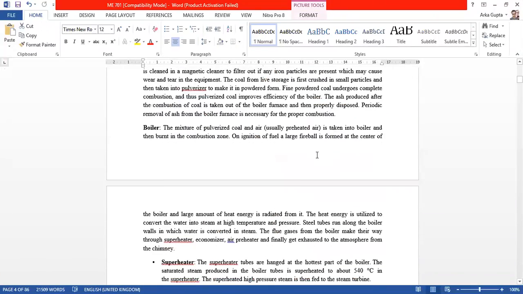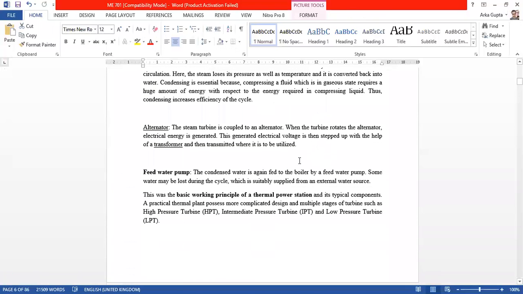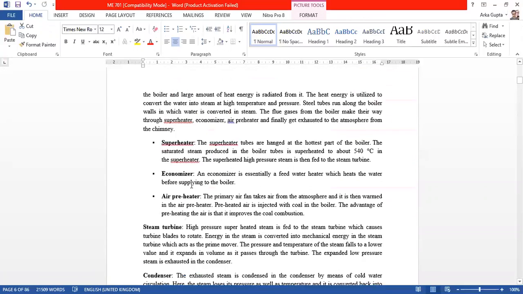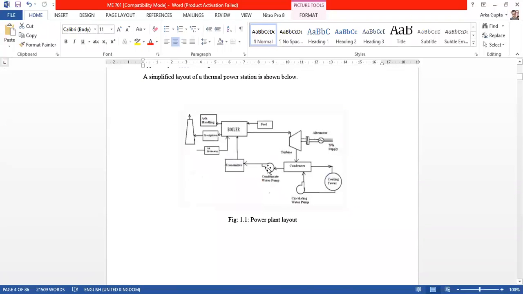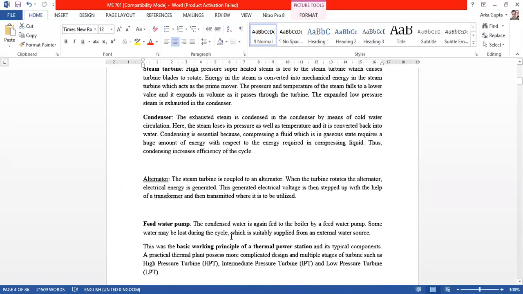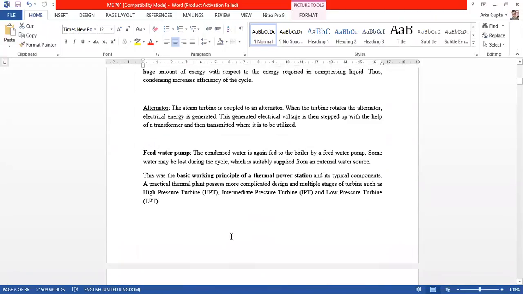Then the feed water pump, or circulating water pump, is the same thing. So this is the basic working principle of the thermal power station.